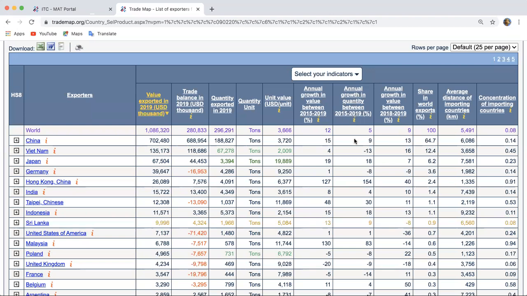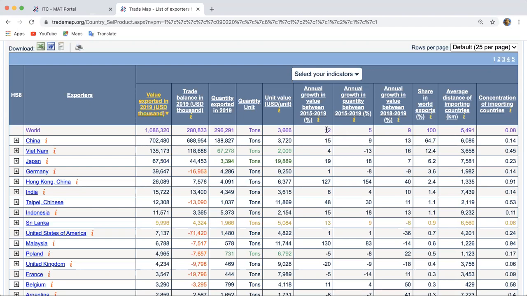Then on the second column, we can see that every year the growth in quantity has been also steadily growing, but much lower, at 5%, which is also still very good. This market is growing very strongly, but slower than the value.